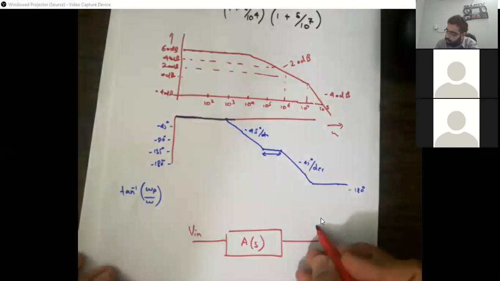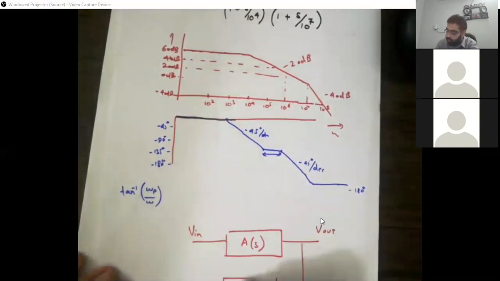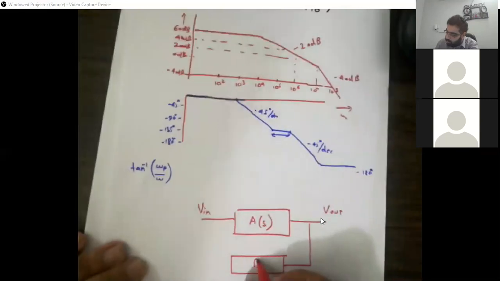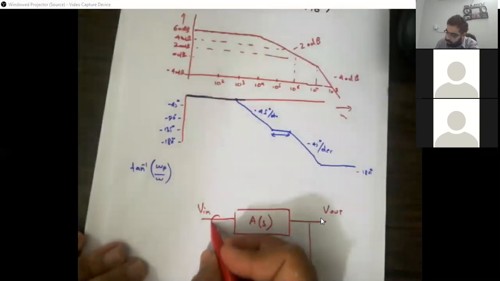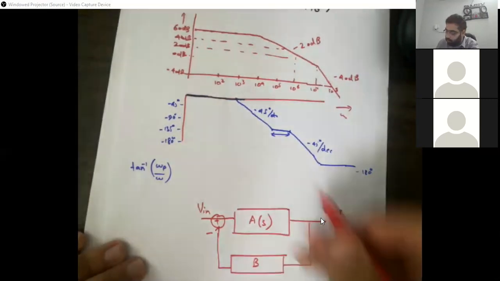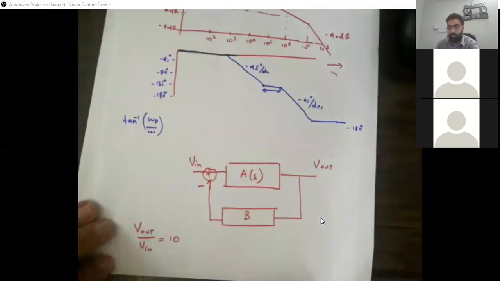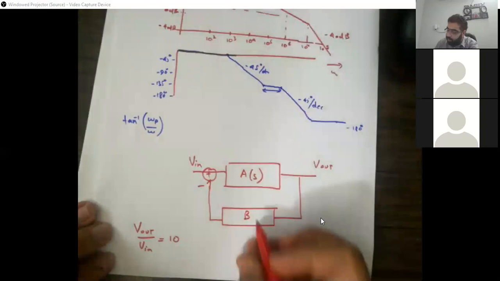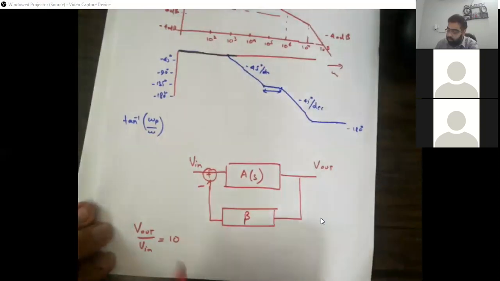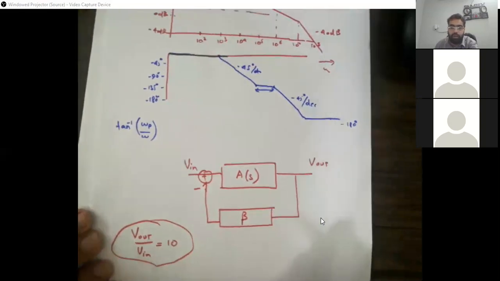Now we're saying, okay, we have a closed loop, again negative feedback, ये अब आपके पास हो जाए, जो अब gain है closed loop का V out by V in is equal to 10. ठीक हो गया, हमें अब बीटा की वैल्यू नहीं पता, we only know this value, so we need to find the beta value कि वो DC gain पे होगी क्या, क्योंकि before without that we cannot proceed.